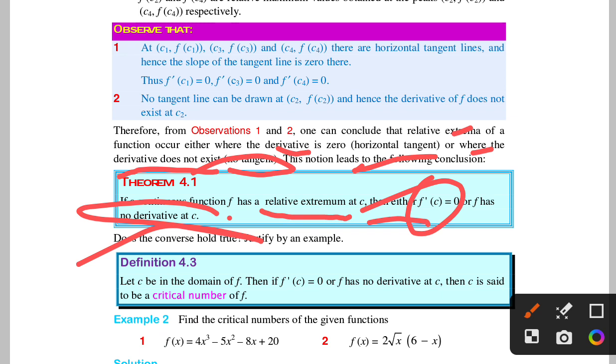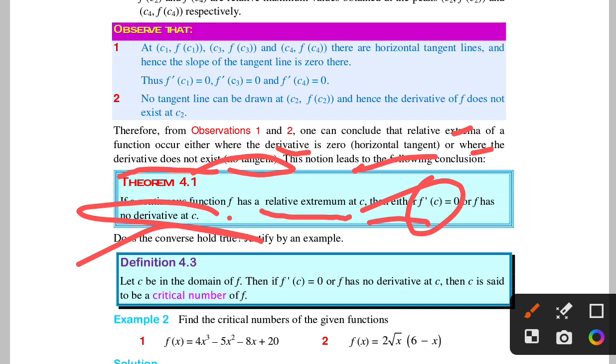Absolute minimum: a function has an absolute minimum or absolute maximum only if the function is continuous and exists, and it has a horizontal tangent line, or slope.